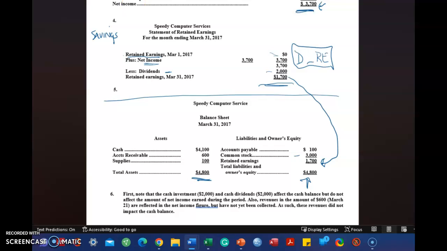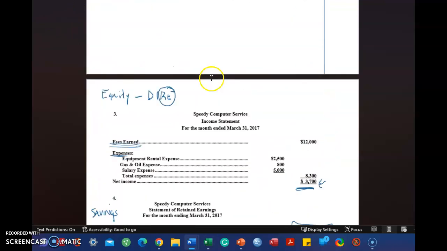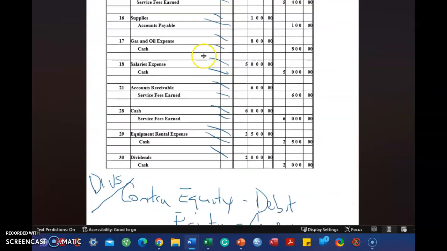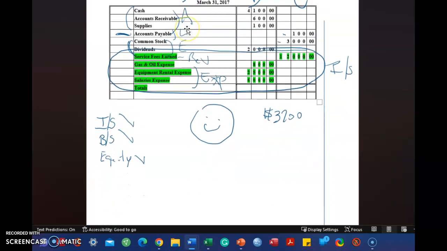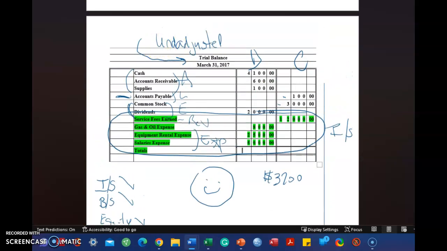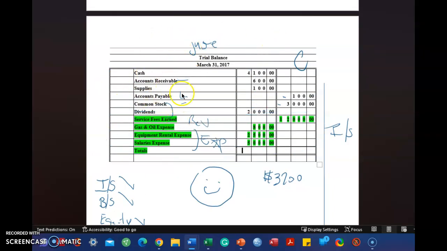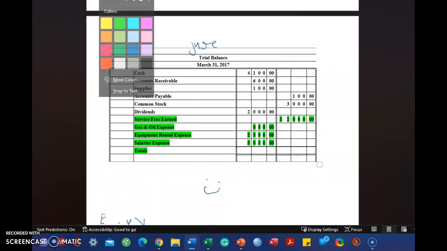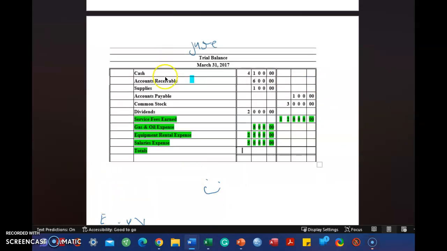Let's go back and look at the income statement. Mouse wasn't playing nice. I'm sorry, the trial balance. Let's go back and look at the trial balance. Oops, too far. Let's clean it up. I want to show you something. So we're looking at the unadjusted trial balance, or what you will begin to call the unadjusted trial balance. Here's the balance sheet. It's been sitting there the whole time.